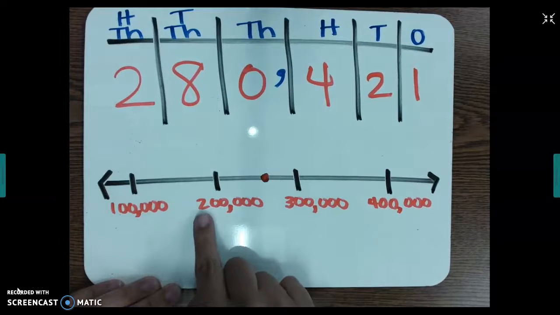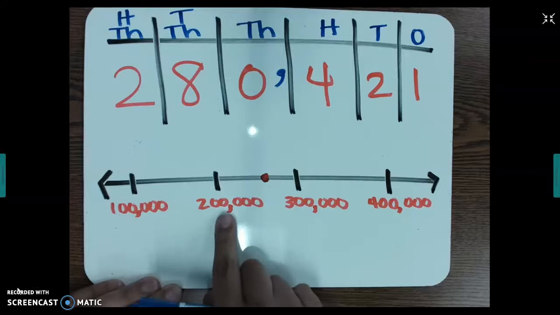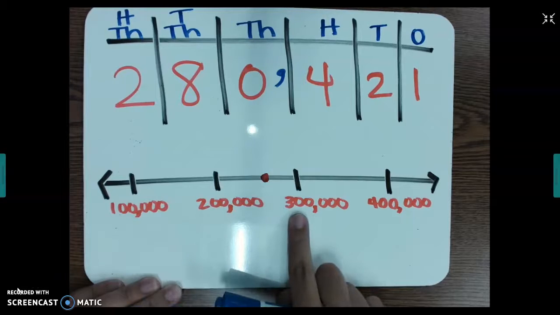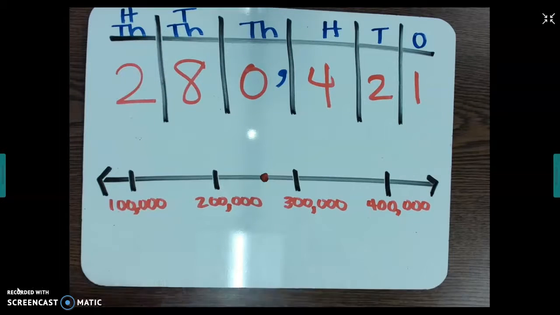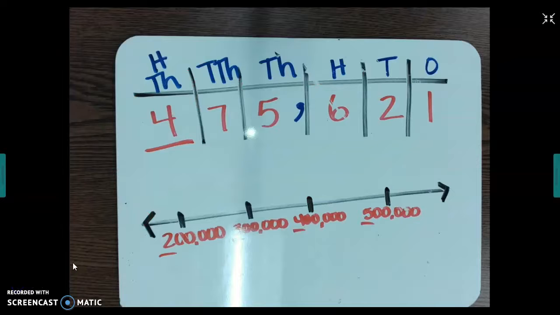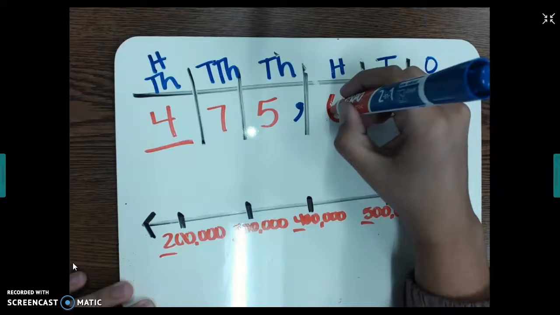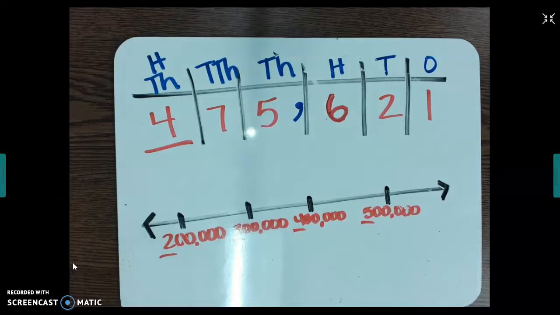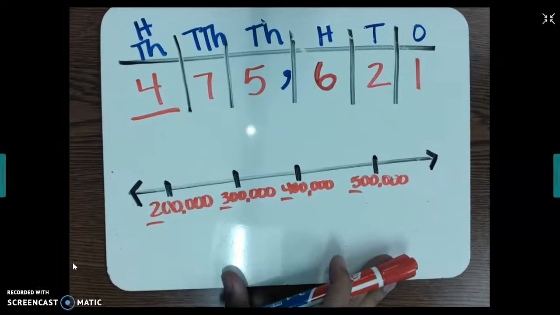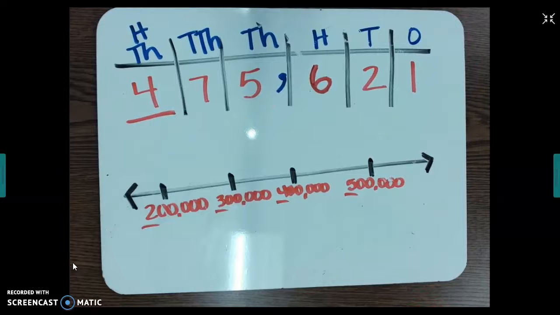So this number is greater than 200,000, but less than 300,000. For this next one, before I show you where my dot is, draw this number line on a piece of paper, pause the video here, and see if you can determine between what two numbers this number goes.